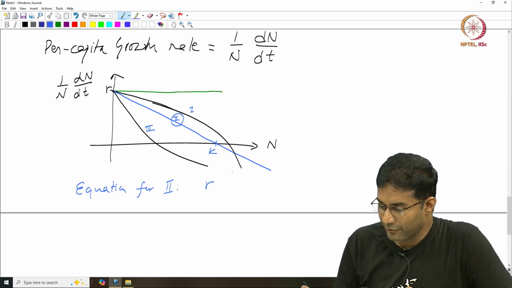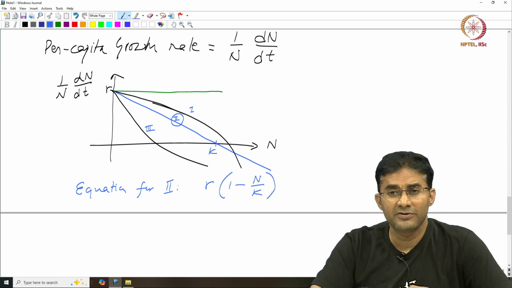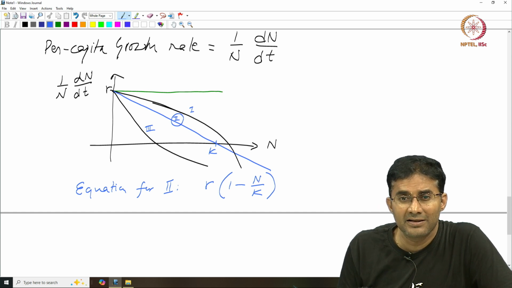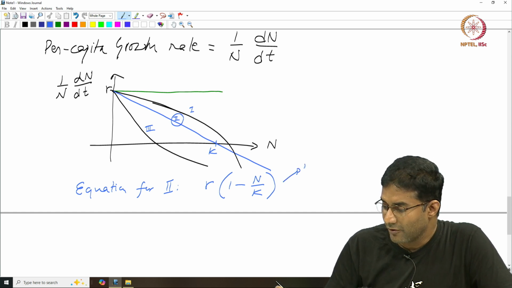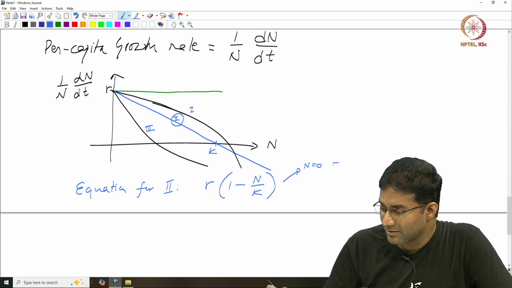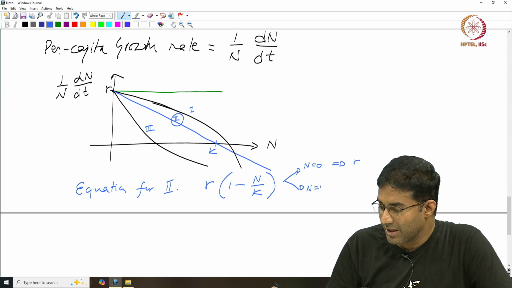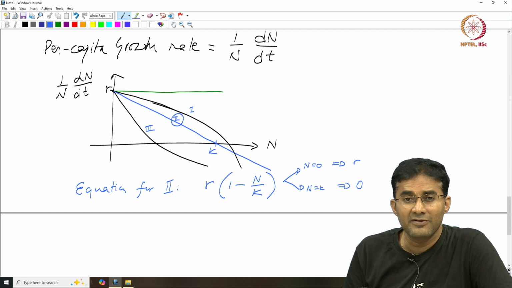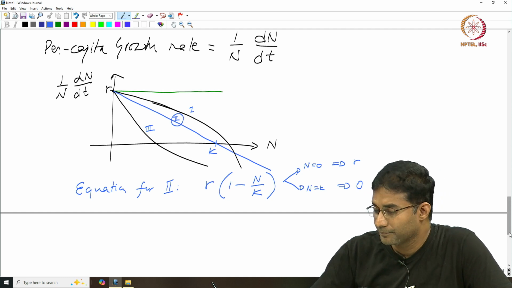The equation for 2 is basically given by 1 minus N divided by K. To convince yourself this is fine, if you set N equal to 0, the per capita growth rate will be r, and when N is equal to K, the per capita growth rate will be 0, and that makes sense. That is precisely what this linear equation does, right.